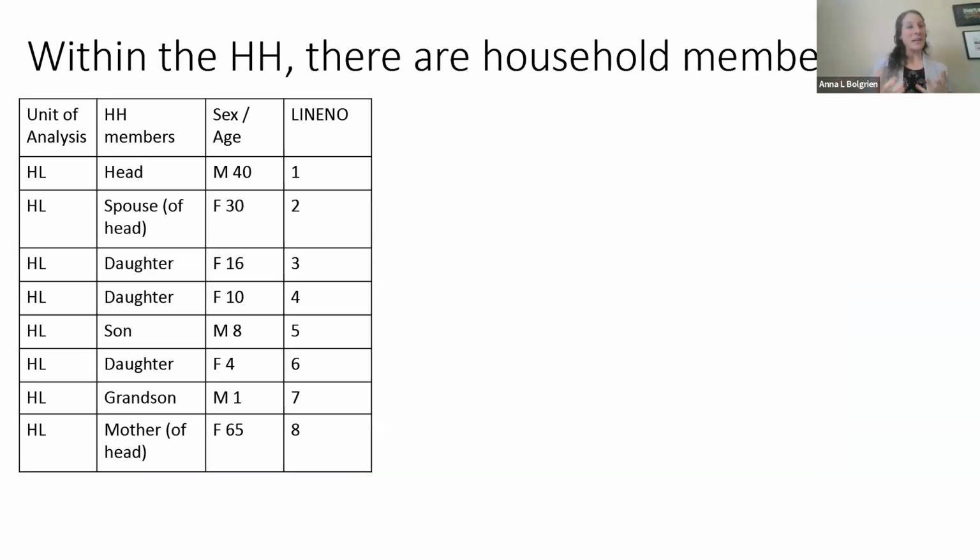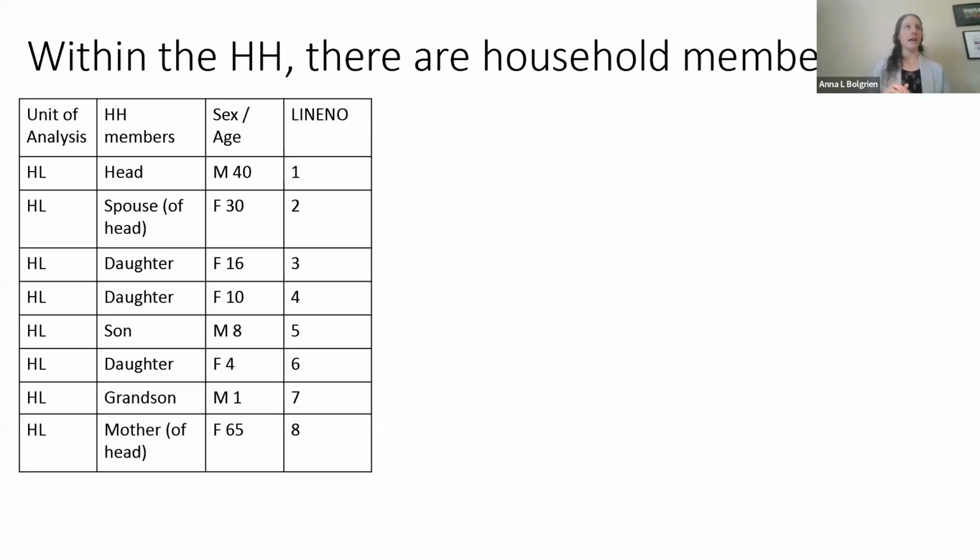So let's spend a little bit of time getting to know the people who live in this household. So there is a male head of household and his spouse. Those are lines 1 and 2. There are 4 children, a daughter who's 16, a daughter who is 10, a son who is 8, and a daughter who is 4.